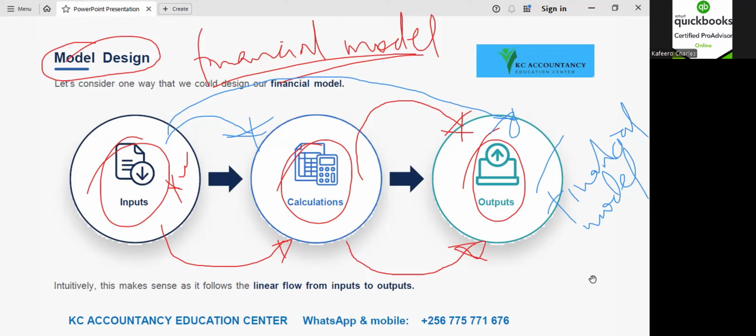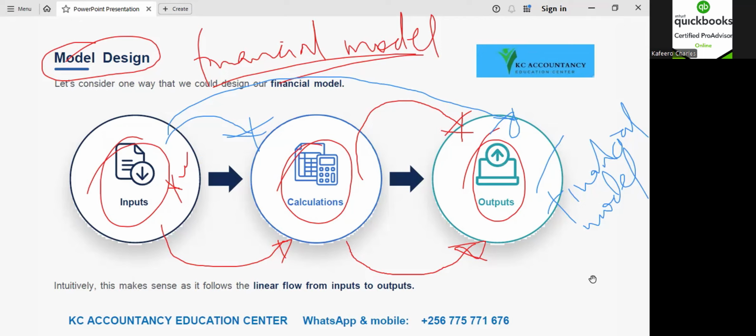Now, it's going to be logical. In other words, it's going to be a logical process. But we are actually approaching things from a different perspective or from a different angle, especially when we are designing these models.